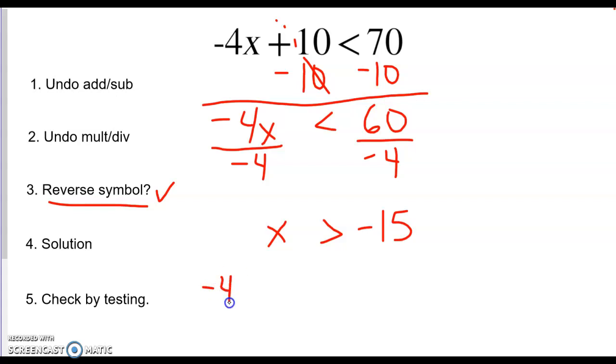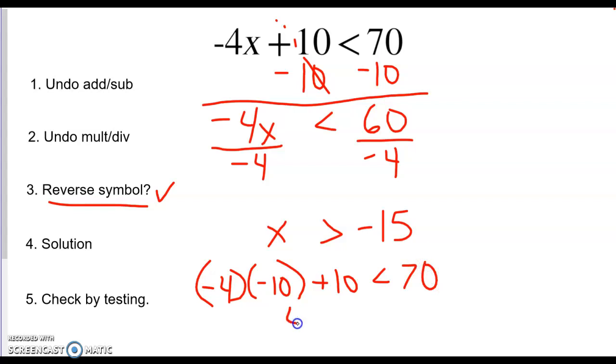So I'm going to have negative 4 times negative 10 plus 10, and I'm going to go up to the original inequality, is less than 70. All right, and let's see if that's true. Negative 4 times negative 10 is positive 40. 40 plus 10 is less than 70. 50 is less than 70. Okay, so that's how we check our inequalities, by putting in a test value.